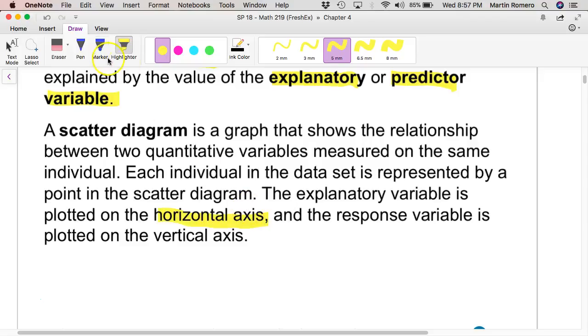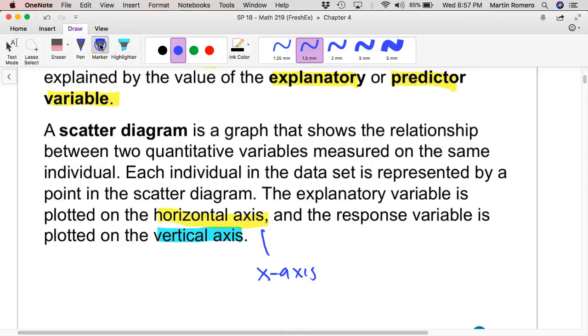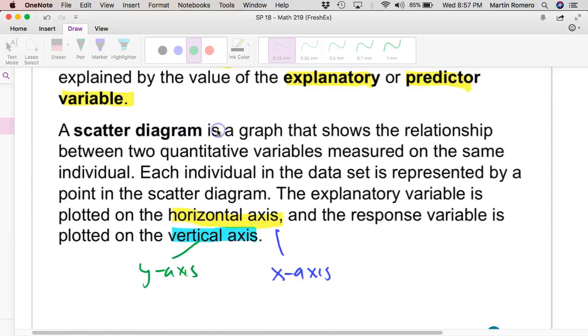When we say horizontal, from algebra we're talking about the x-axis. And the vertical axis would be the y-axis. And that's what we're discussing here on the note sheets.